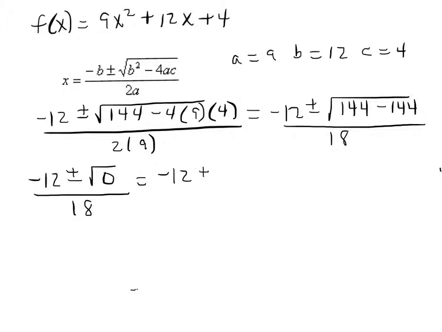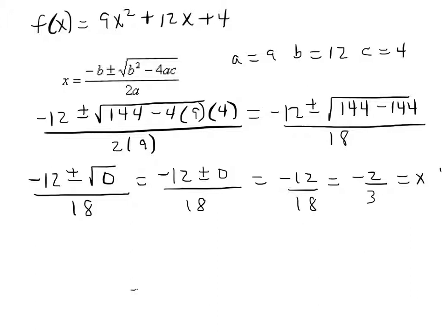So whether you take negative 12 plus 0 or negative 12 minus 0, you're still just going to get negative 12. So I have negative 12 divided by 18, which I'm going to leave as a fraction, and which reduces down to negative 2/3. So this is my x-intercept, or my root, or my 0 of the quadratic function f of x equals 9x squared plus 12x plus 4.